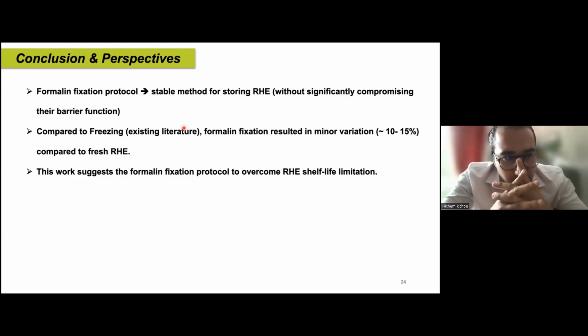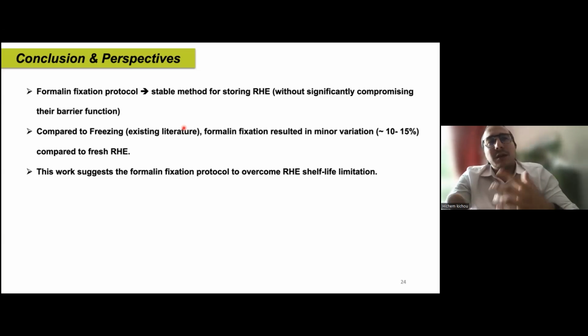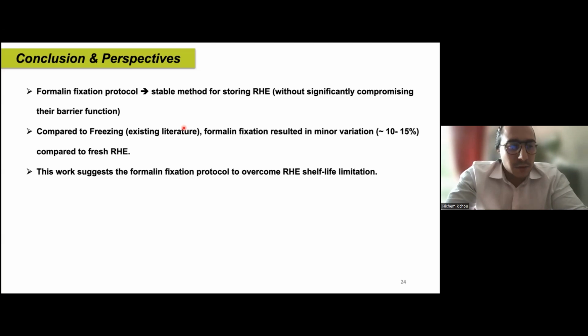In comparison to the documented effect of freezing in the existing literature, formalin fixation results in only minor variation, approximately 10 to 15% in the cumulative amount when compared to fresh samples. So this work suggests that formalin fixation could effectively address one of the primary limitations associated with the use of reconstructed human epidermis models in permeation studies, their limited shelf life.